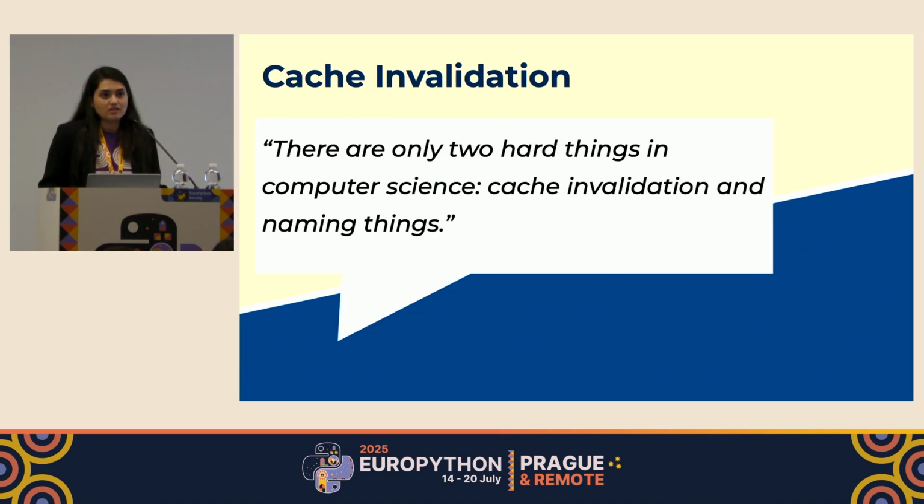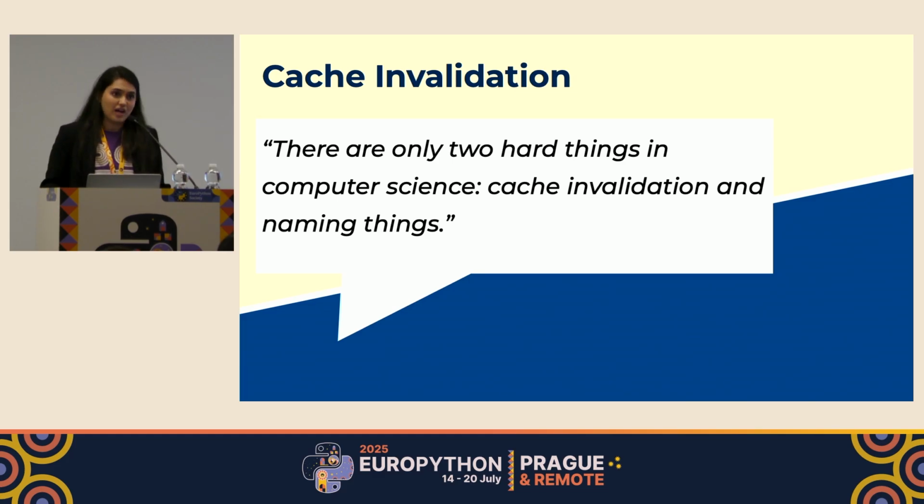As the saying goes, there are only two hard things in computer science: cache invalidation and naming things. Cache invalidation is notoriously tricky. You invalidate too soon, and you lose the benefit of caching. You invalidate too late, and you risk serving outdated or incorrect data.